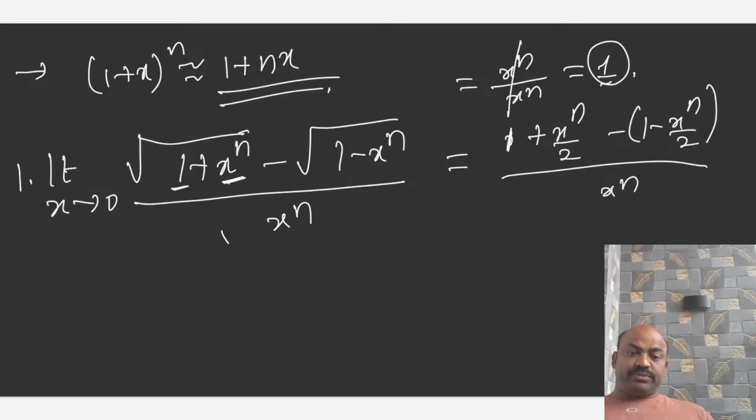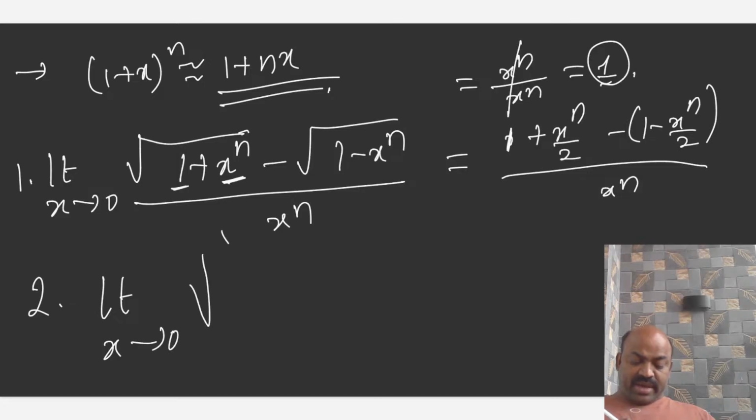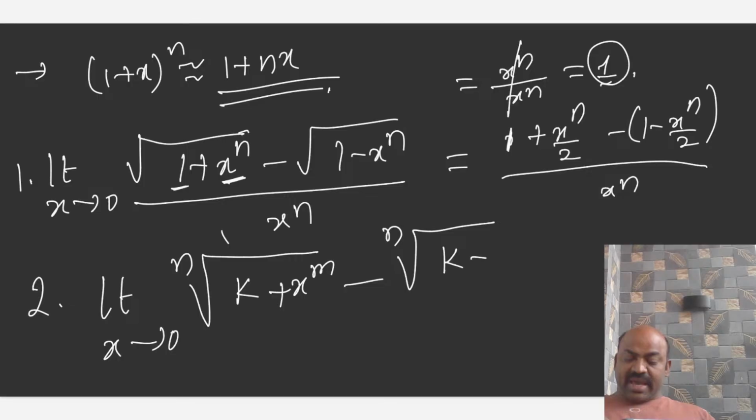Are you able to follow? Now I am changing a little, with some more generalization. Instead of going with 1, I am going with some k. Limit x tends to 0. Write down very carefully: nth root of (k plus x power m) minus nth root of (k minus x power m), by x power m.